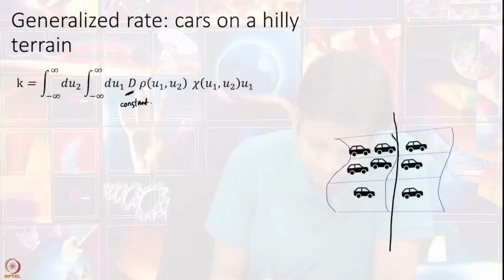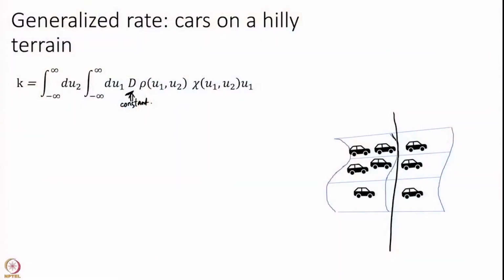But when you have this rugged nature, well, some positions which are more smooth, more cars will accumulate, cars will like to travel in that, and if some surface is very high and rugged, not good surface, then cars will avoid that region. So, this density will depend on what point of this dividing surface I am looking at.